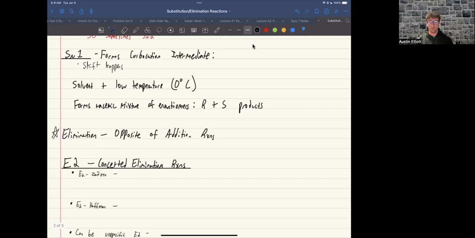So going into elimination, we have E2 and then E1. With E2, we have a couple of different possibilities. First off, we have E2 Zaitsev, which is basically just the more substituted elimination.